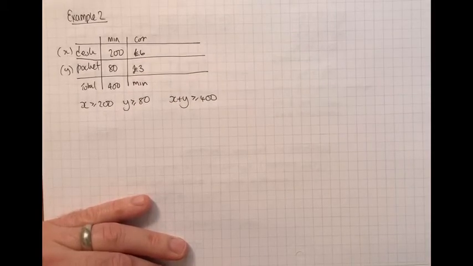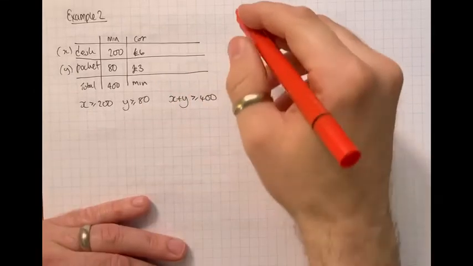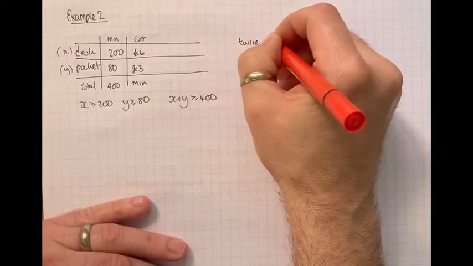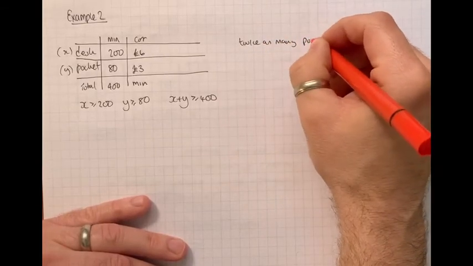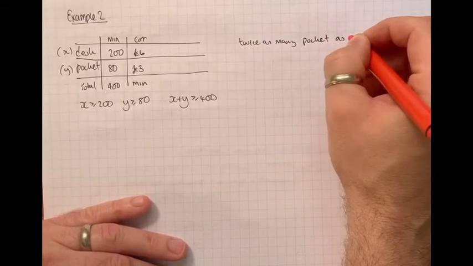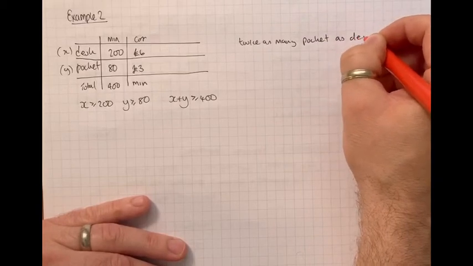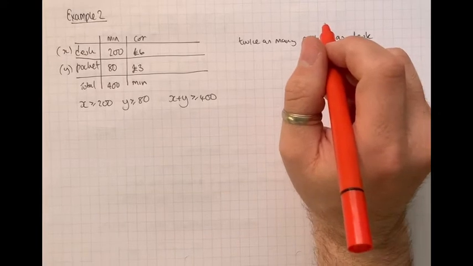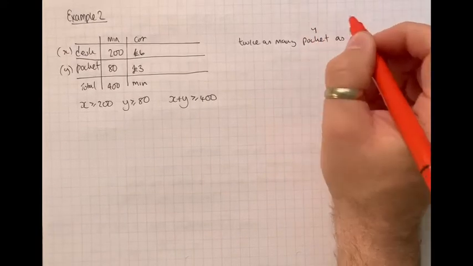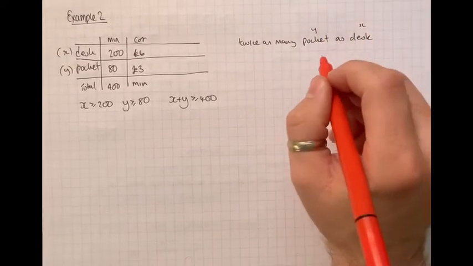It's this sentence that says they will need at least twice as many pocket diaries as desktop. Now these statements like that cause a lot of problems. So pocket diaries are y, desktop diaries are x, at least twice as many.